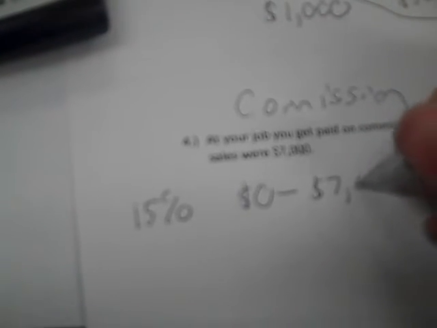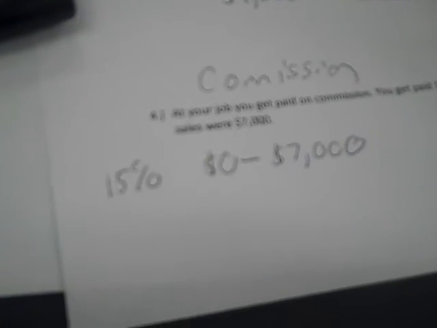Okay, next is commission. At your job, you get paid on commission. You get paid 15% of your sales. Find your pay if your sales were $7,000. So commission, we want to put our percent off to the side, so 15%. And that's the only percent, so that starts at 0. And it's going to go to my sales, which were $7,000 because it's on all sales.